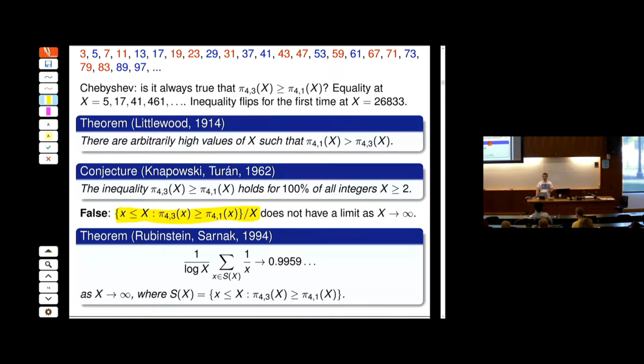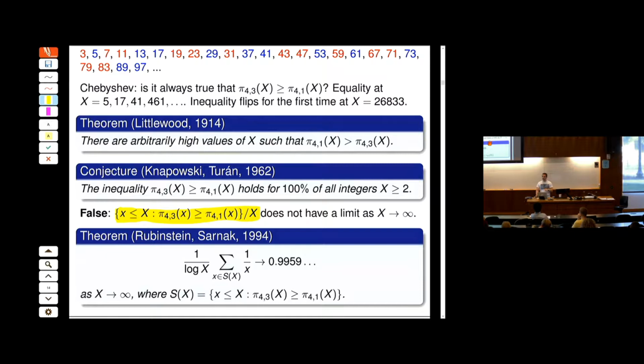But yet, some other theme of arithmetic statistics that we talked about is that maybe we're not counting the right way. And I will not go into detail either, but one incredible insight of Rubinstein and Sarnak is to say that we are not counting these numbers in the right way. We should be using a logarithmic measure.